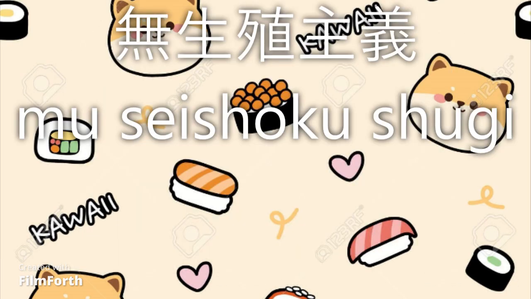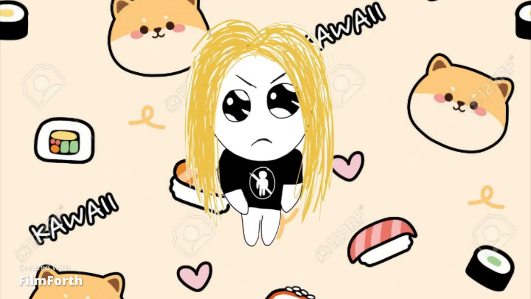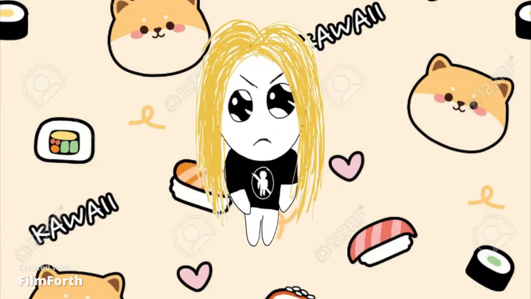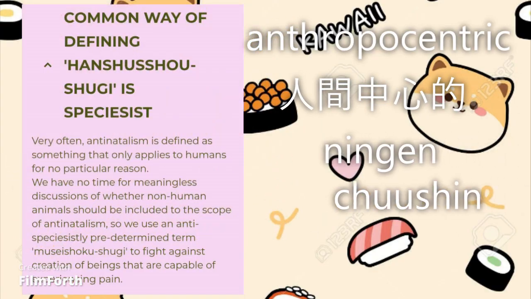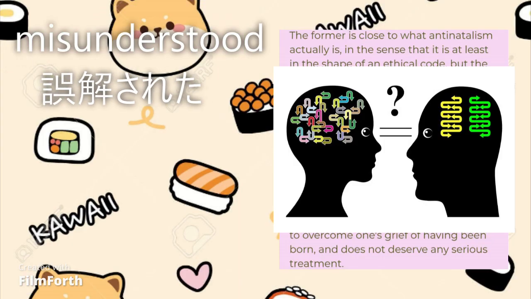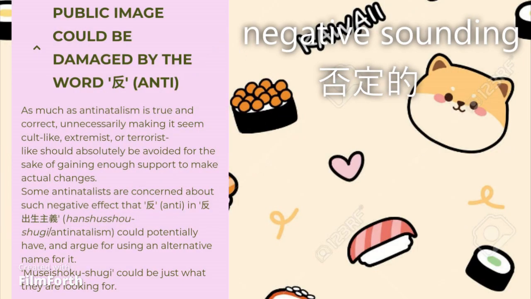Together, Musei Shoku Shugi roughly translates to non-reproductionism. The reason for the secondary term is the view of the former term as being anthropocentric, ningen chushin teki, misunderstood, gokai sareta, negative sounding, hitei teki.